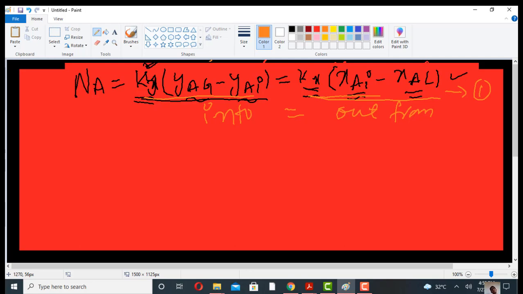Now we know that it is difficult to measure the interfacial concentrations yAI and xAI in the real world, because there is no device to measure them; the interface is an imaginary plane surface.